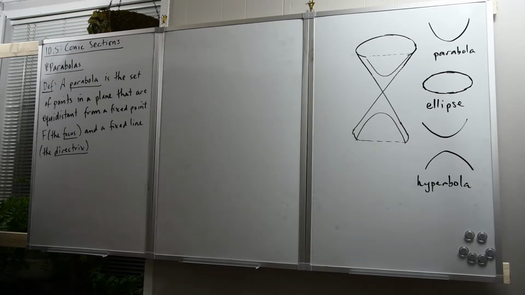So all the points in the plane that are the same distance from this fixed point F, called the focus, and this fixed line that we refer to as the directrix.